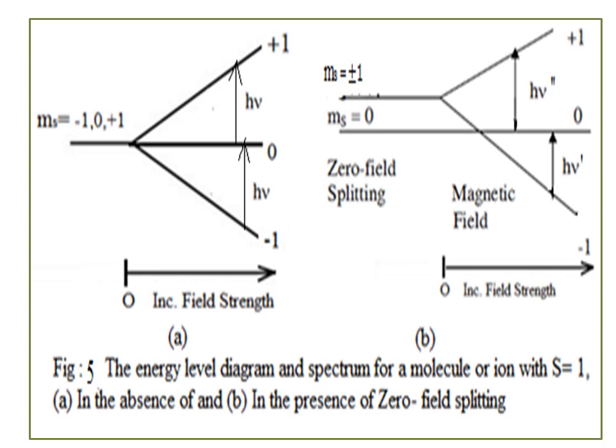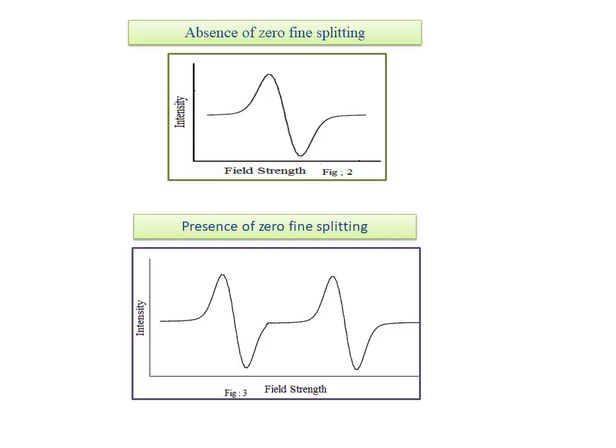Then, when we apply the magnetic field, these energy levels split into 3 energy levels, and according to the selection rule, 2 transitions are possible, but the 2 transitions have different energy. Therefore, in the presence of zero field splitting, 2 lines appear in the ESR spectrum, whereas in the absence of zero field splitting, as in figure A, only 1 line appears, which is clearly shown in this slide.